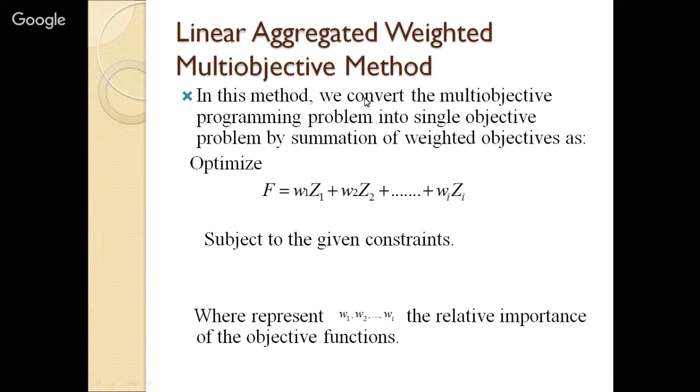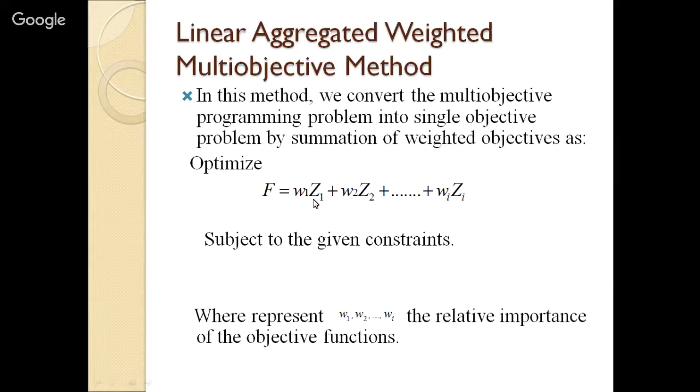In this method we convert the multi-objective programming problem into a simple single objective problem by summation of weighted objectives. Say there are I number of functions. We make a combination of these functions with weights. W1 is the weight of Z1, and weights are their relative importance.